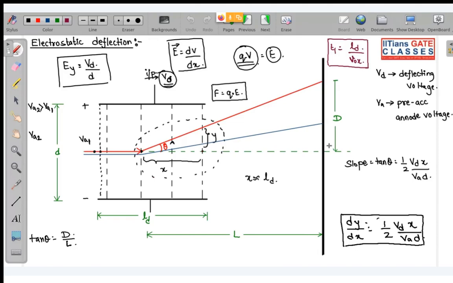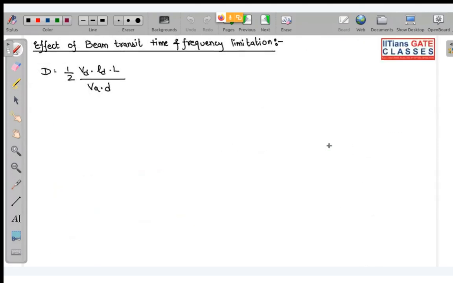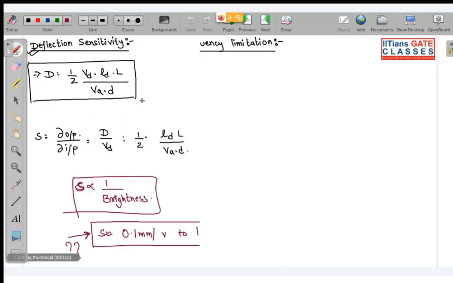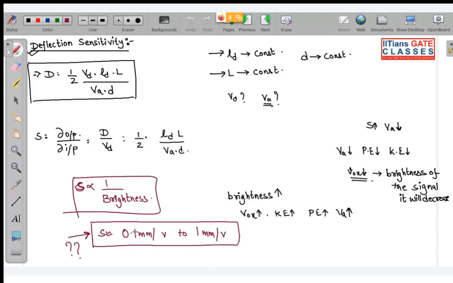So they will give you all the data and ask what is the transit time. Transit time is T1. One thing, this sensitivity that I had written was correct.